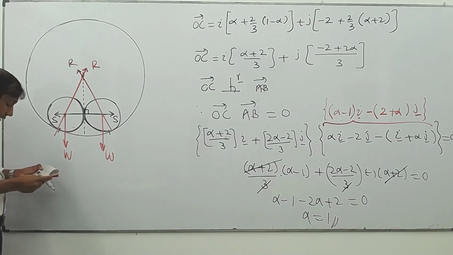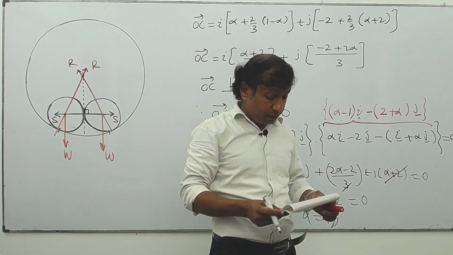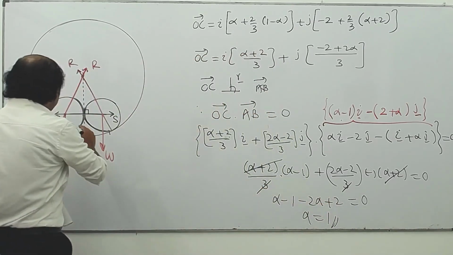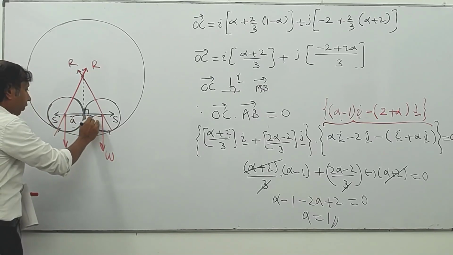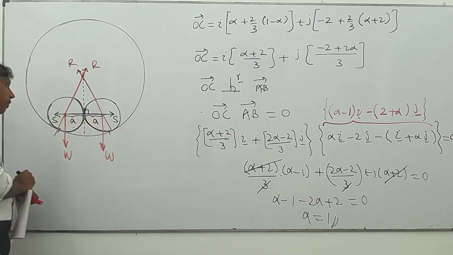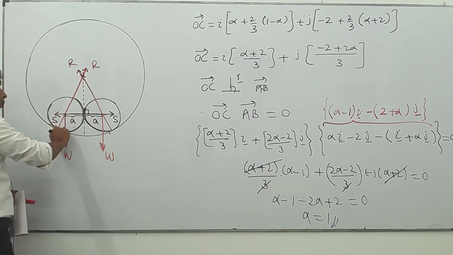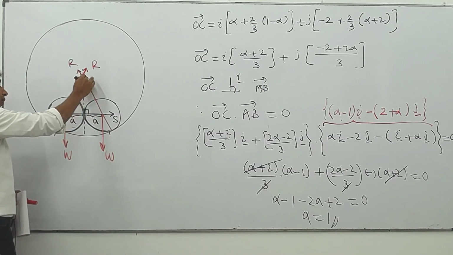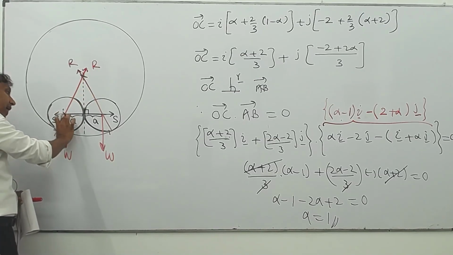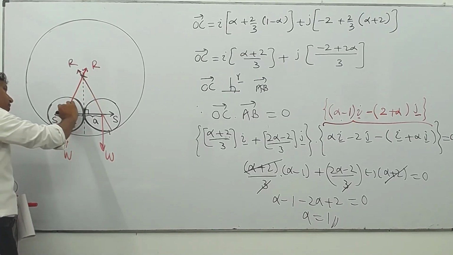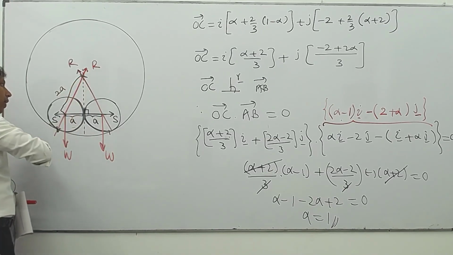Now we are given the radius of the small sphere is A. Therefore this is A, this also A. Now the vessel has the radius given as 3A, from here to here 3A. But from here to here, the radius of the sphere, that is A. Therefore, what is this, people? 2A.